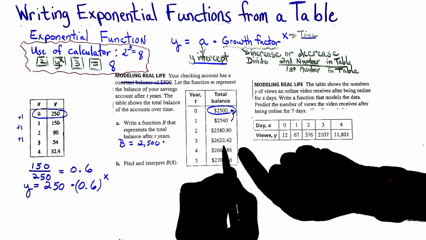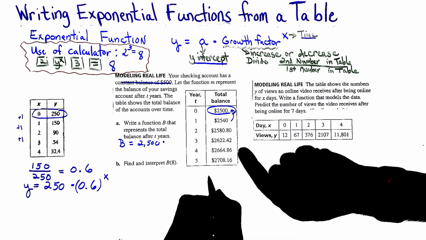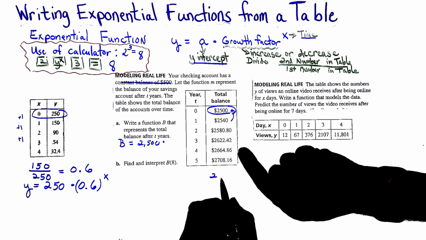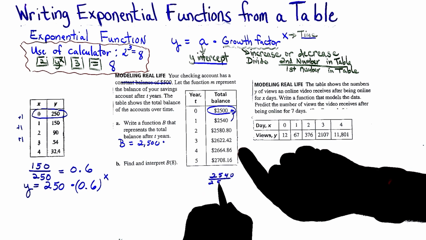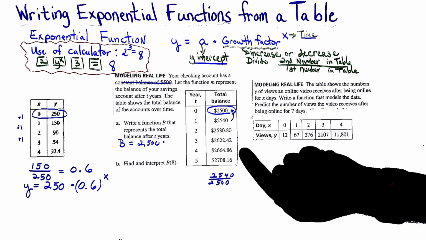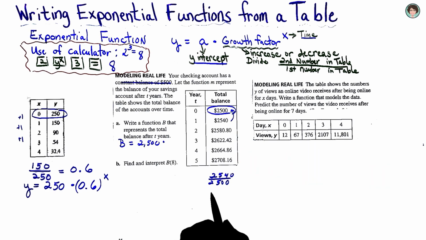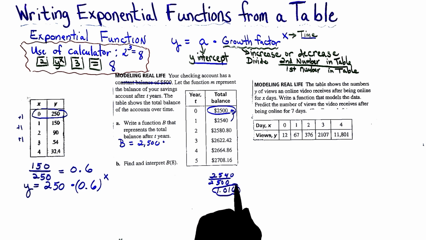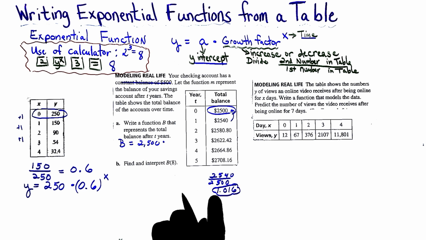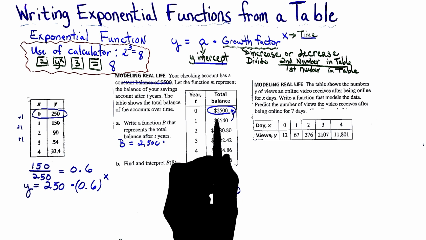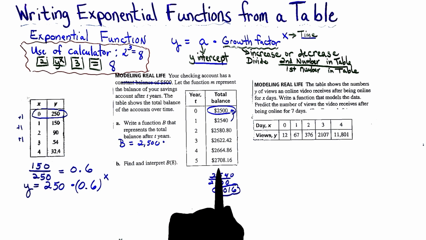So to start to solve this, I am going to write 2,540 over 2,500. When you do that division problem, you do get 1.016. And that, for this, is our growth factor because we see our balance keeps going up over the years.